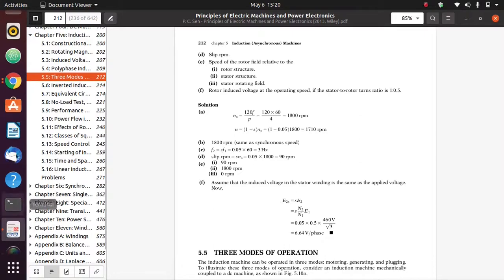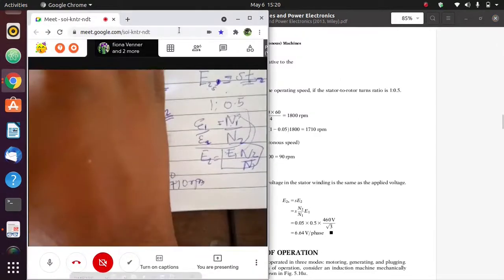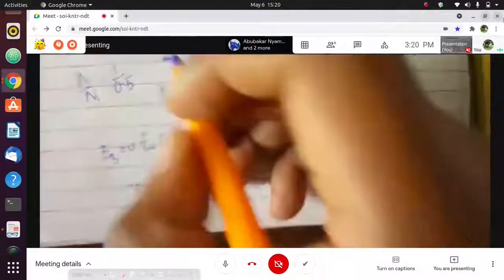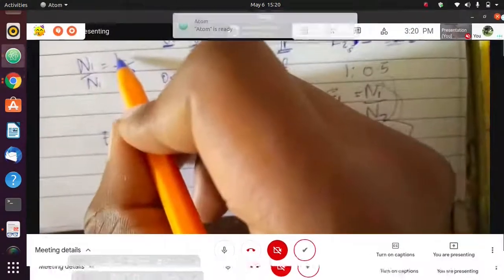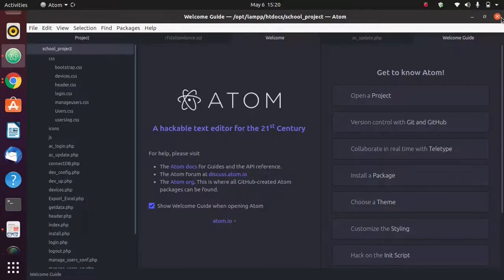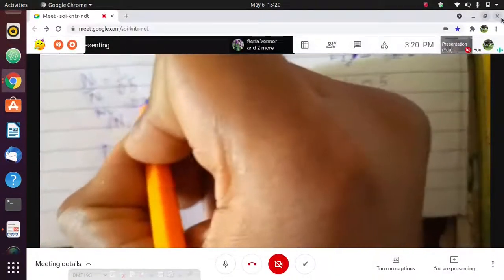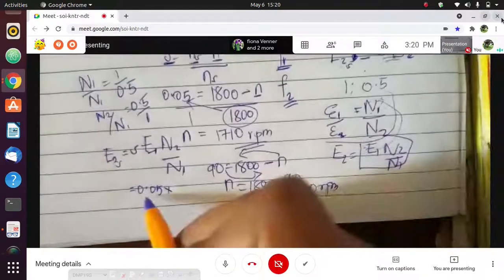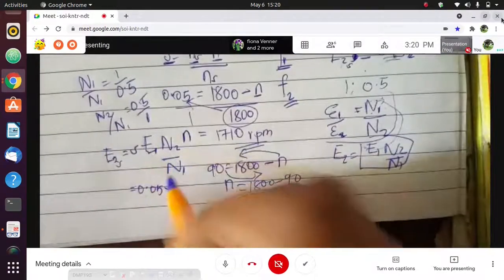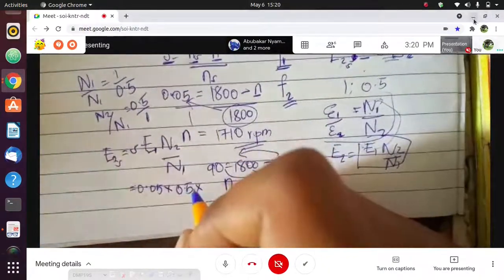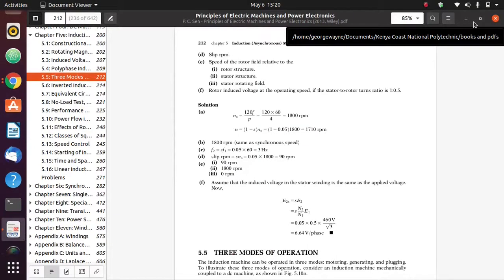Are you able to see my work? So N1 over N2 is 1 is to 0.5. Therefore, N2 over N1 will be 0.5 over 1. So slip times 0.5 times 460, which is the supply voltage in the stator winding, E1.